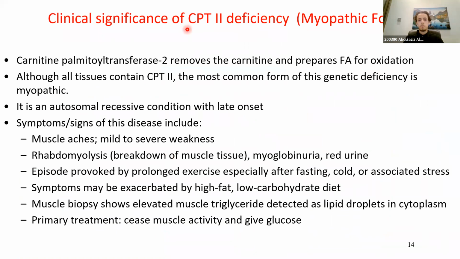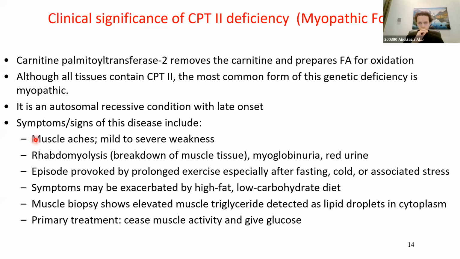So there's something called CPT2 deficiency, and this is specifically the myopathic form. As we said before, CPT2 removes the carnitine and prepares the fatty acid for oxidation. The most common defect is in the muscles.